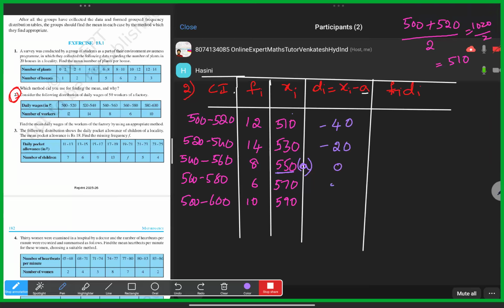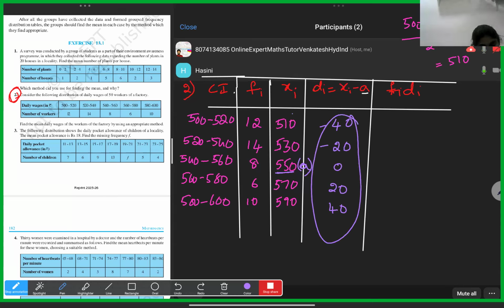Next, plus 40. Since it is a plus value, I am not writing the plus sign, but the minus must be written. So finally, Hasni, you can see the xi column became very small numbers. Before, this much big numbers became very small because of the di column.